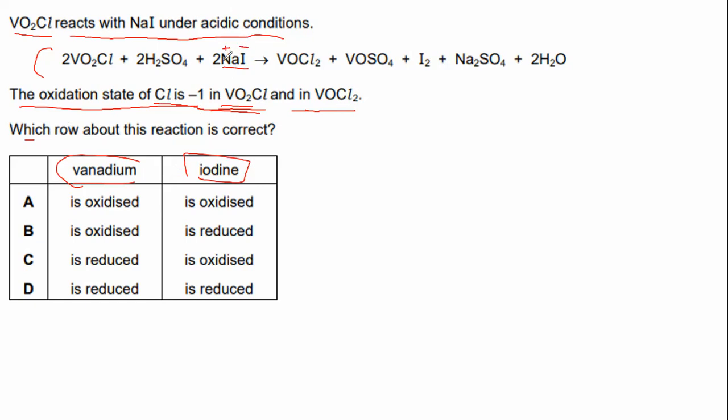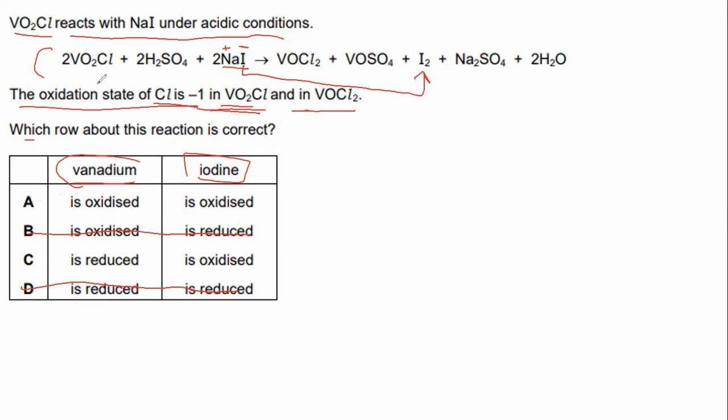This is an ionic compound and metals are always positive. And I- goes to I2. So we know that I is oxidized. It loses electrons. So iodine is oxidized, so we can ignore D and B. D and B are ignored.